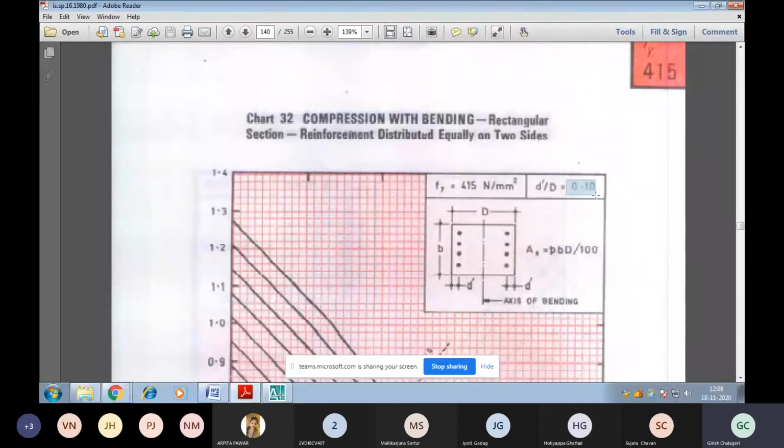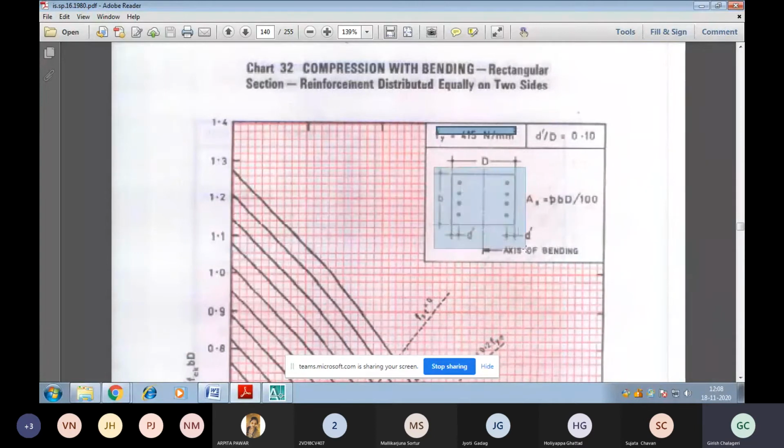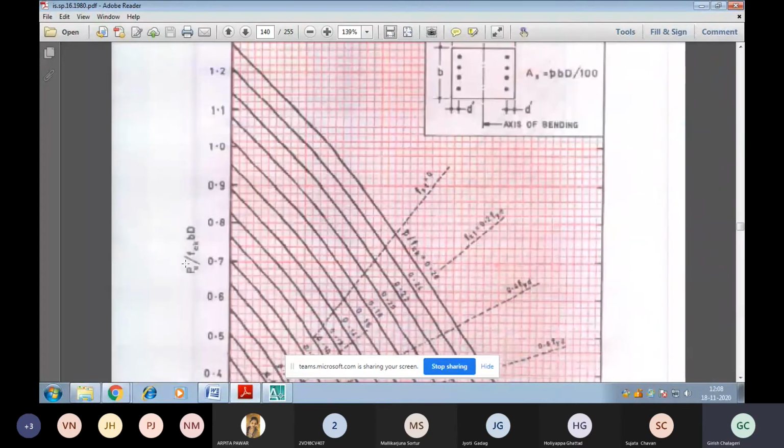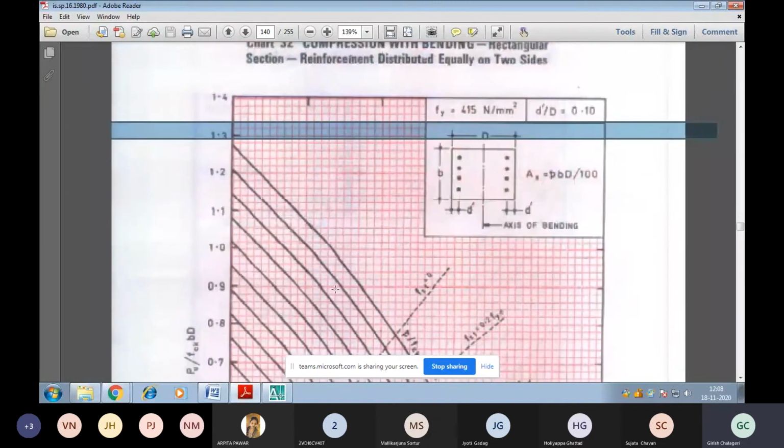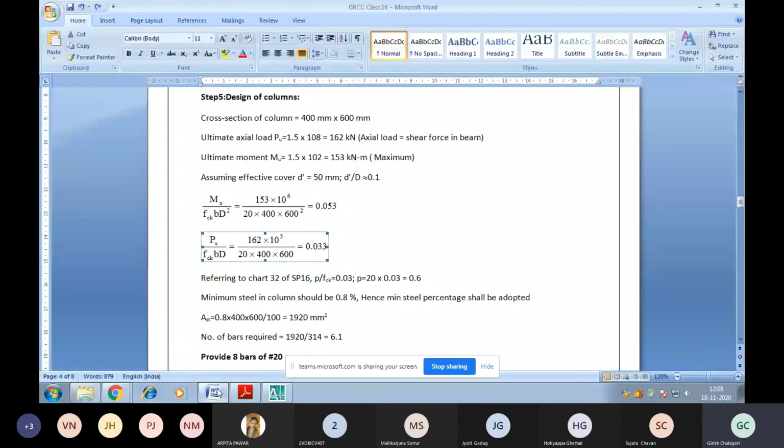Knowing this value with this table and reinforcement provided on two sides, we can check the values, that is Pu by fck bd and Mu by fck bd square. Pu by fck is 0.033 and 0.053.